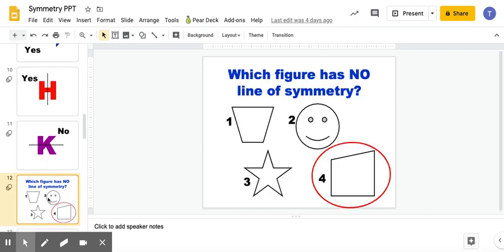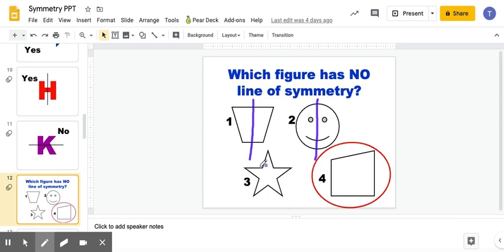So this question asks you, which figure has no line of symmetry? Well, if you look at number 1, I can draw a line of symmetry right there, and if I folded it, it would be the exact same on both sides. Same thing with your smiley face. If I drew a line of symmetry right here, it would be the exact same on both sides.